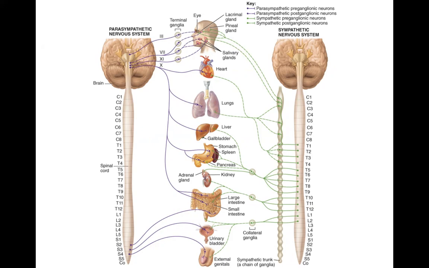On the left side of the page, you can see the parasympathetic nervous system, which we can also describe as the craniosacral division. It utilizes cranial nerves, so there's where the cranio comes from, and then the sacral region of the spinal cord, so that's where that term comes from. And as we can see, there is no chain associated with the parasympathetic nervous system.